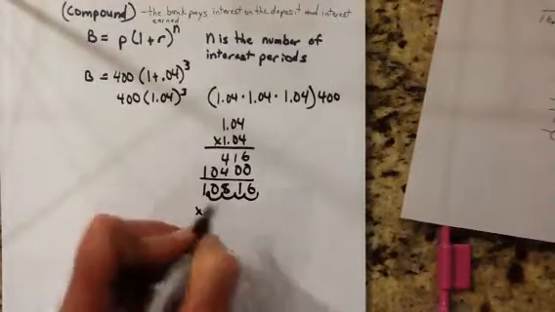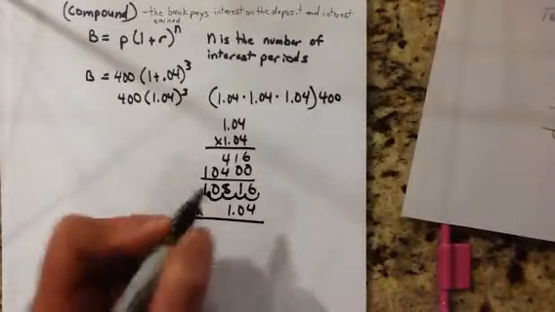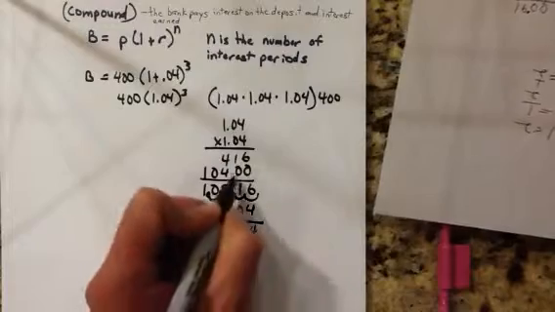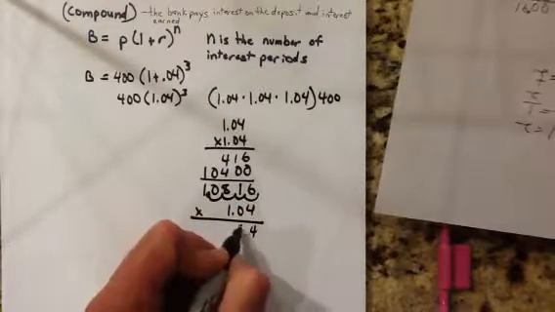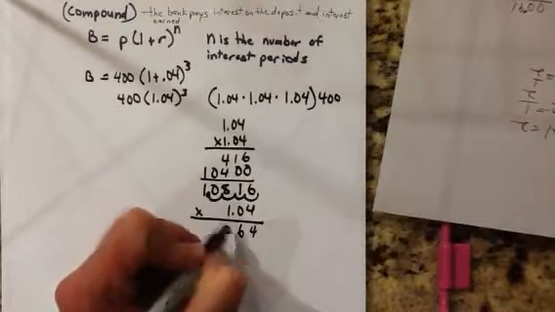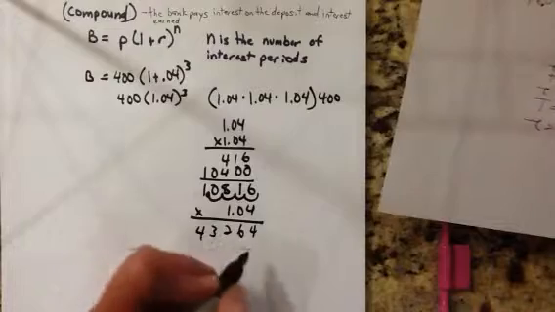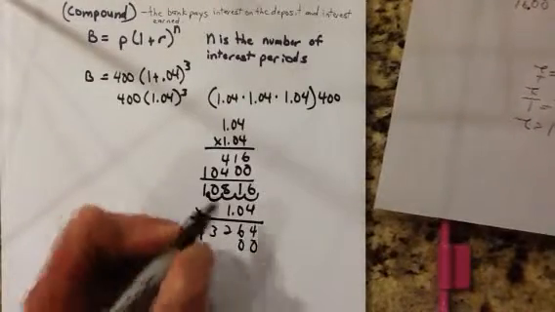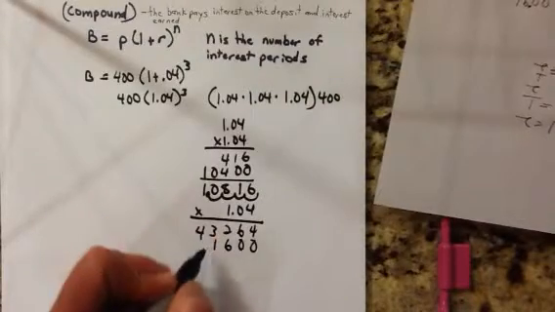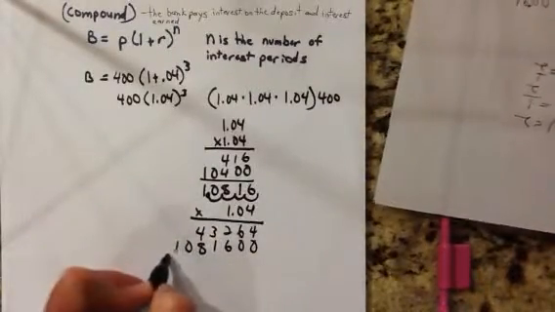Now I'm going to times that by 1.04, and I get 6 times 4 is 24, carry the 2, 4 times 1 is 4, and the 2 is 6. 8 times 4 is 32, 4 times 1 is 4. 1 times 6 is 6, 1 times 1 is 1, 1 times 8 is 8, 1 times 0 is 0, 1 times 1 is 1.